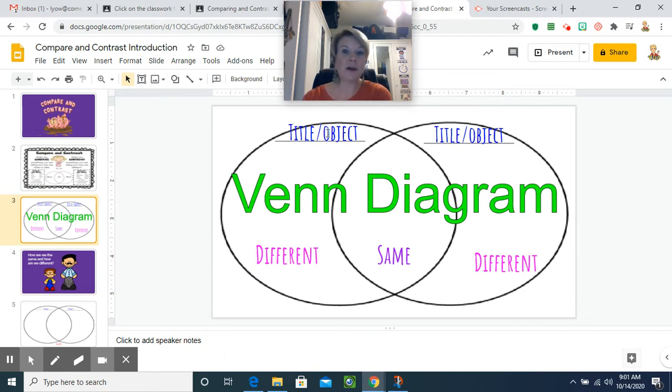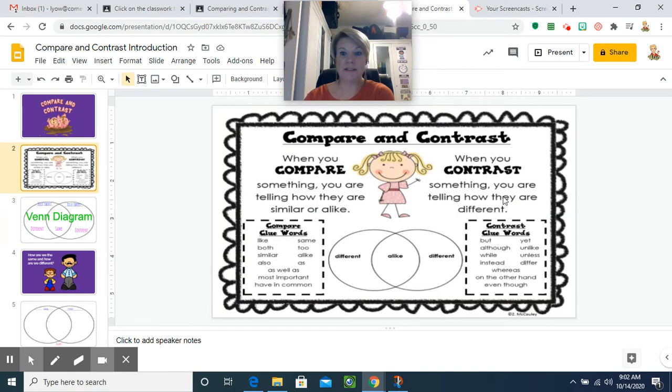Since they're the same about both of those things, we have to include them in both circles. And since the two circles overlap, it means that what we're putting in there is the same about both things.